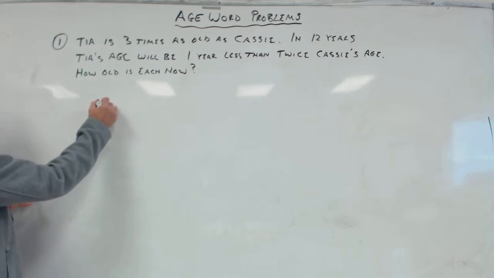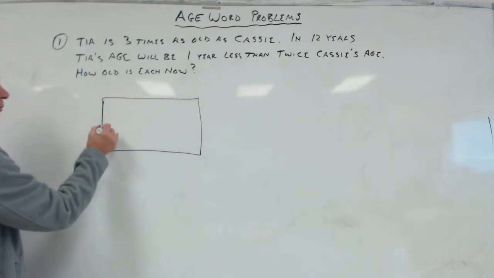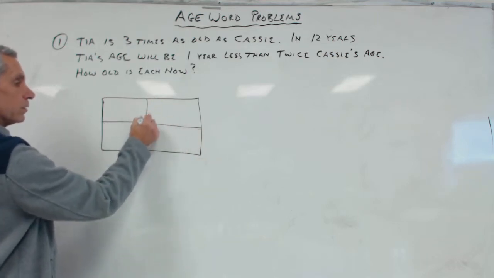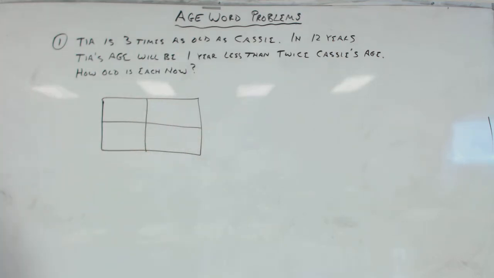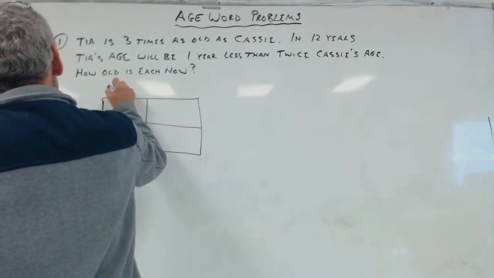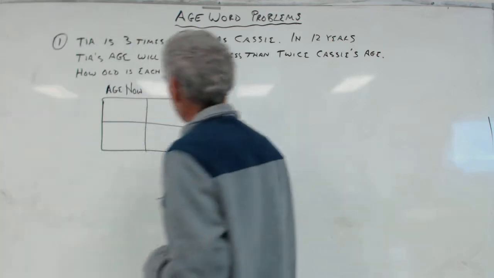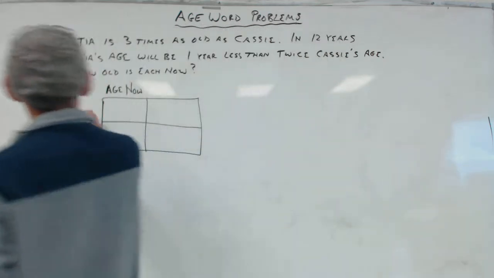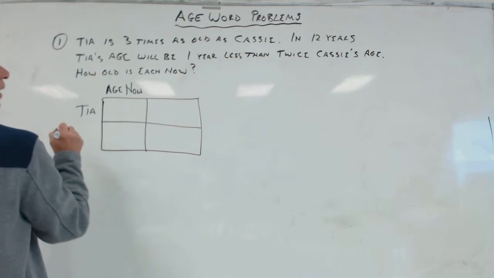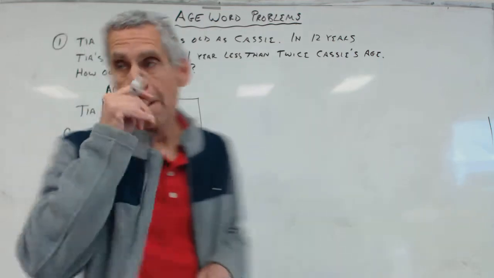So the first thing I do is create a box with 2 rows and 2 columns, like this. This is age now. We have Tia, and we have Cassie.